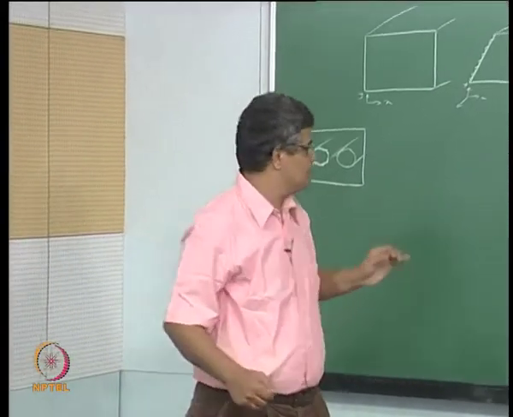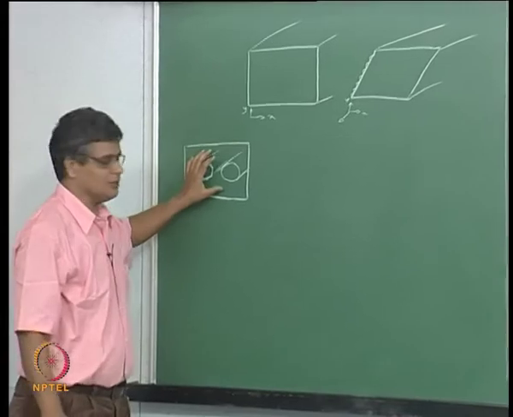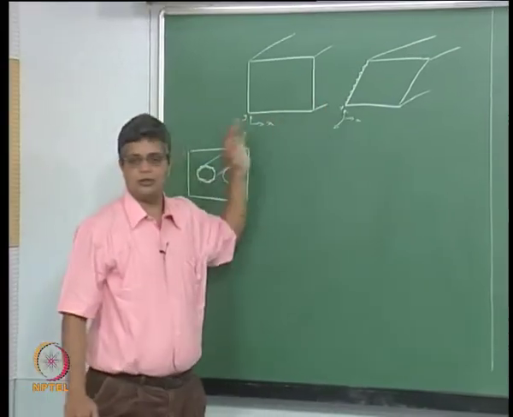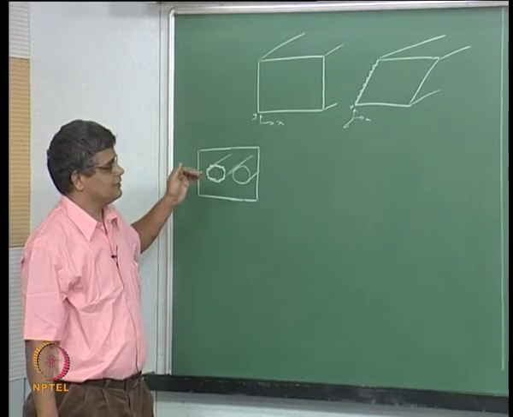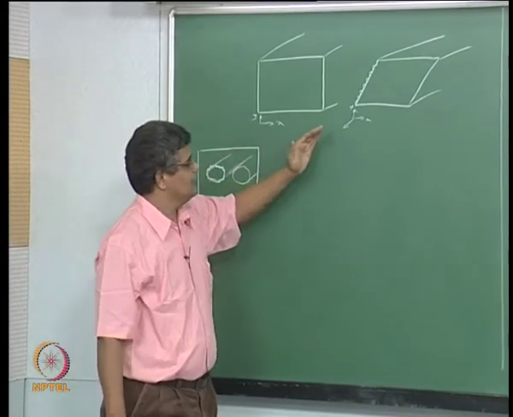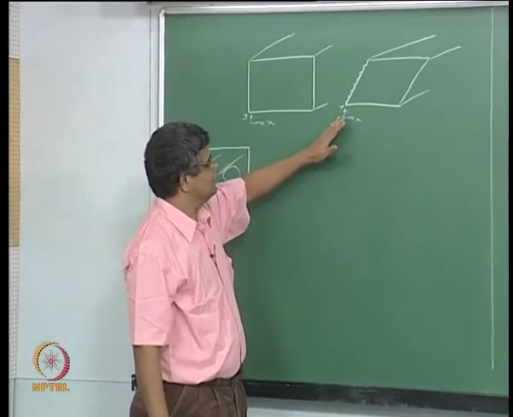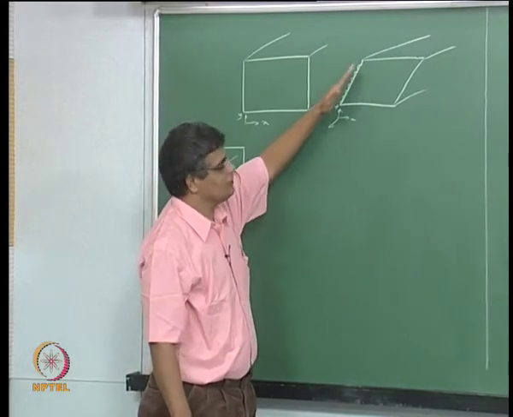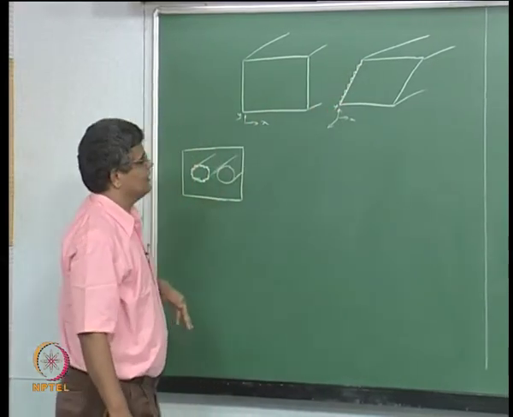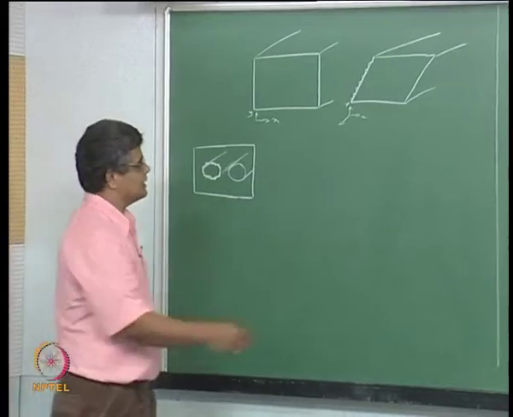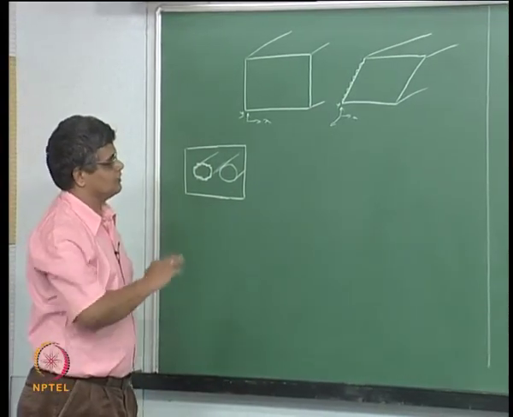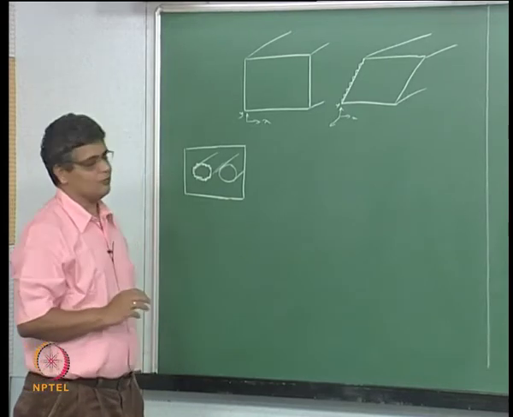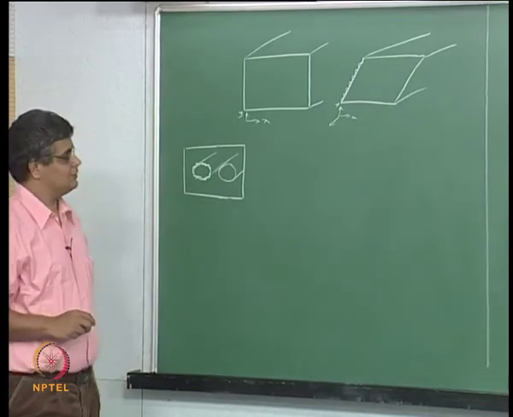We have to tackle these kind of geometries in a different way. We have to treat them in such a way that either we have a system whereby we can treat the bounding surfaces as constant coordinate lines, not necessarily XYZ. That is one approach, and the other approach is to treat them using finite volume or finite element kind of methods.